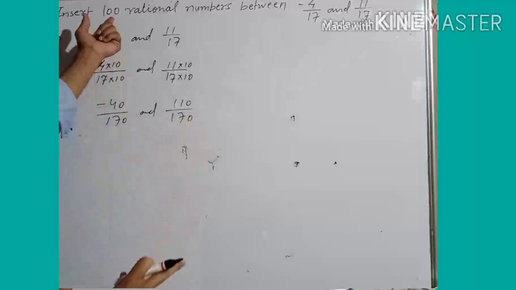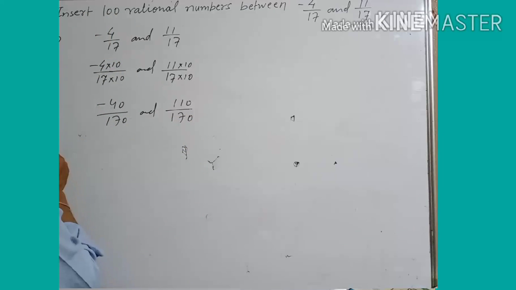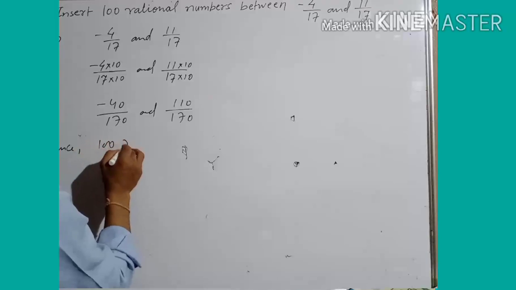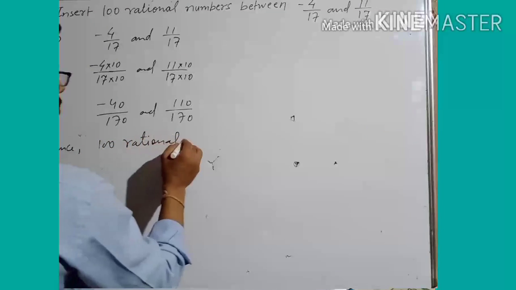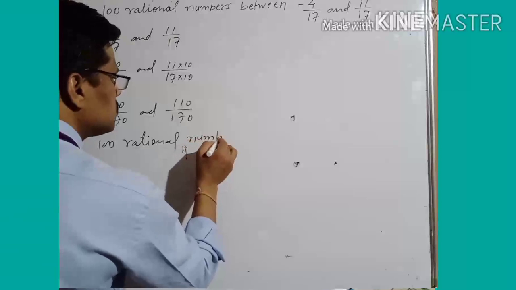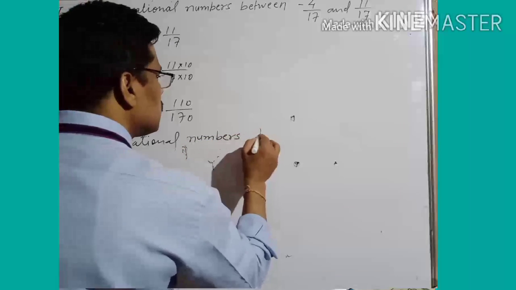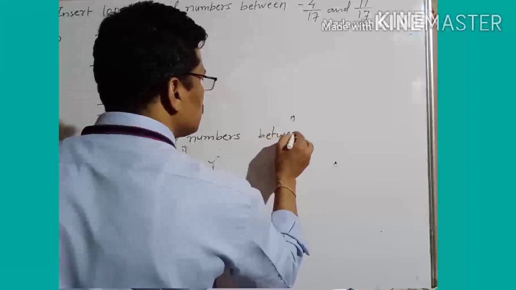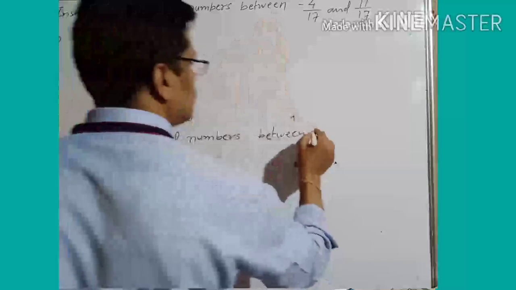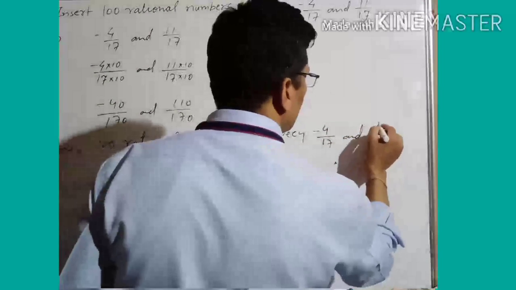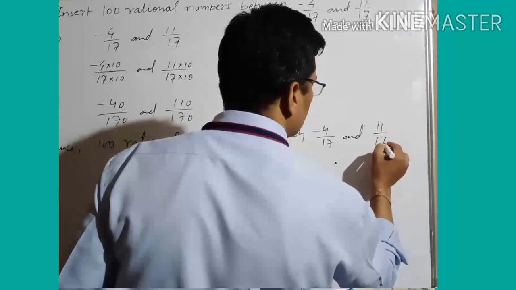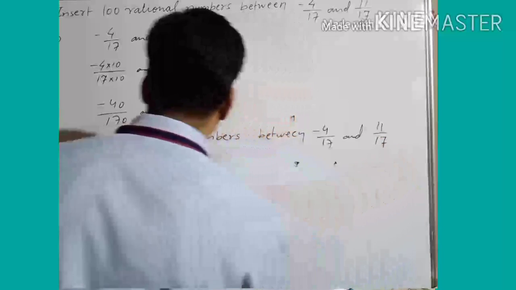Already you got the 100 rational numbers. Hence, we can write here 100 rational numbers between minus 4 upon 17 and 11 upon 17.